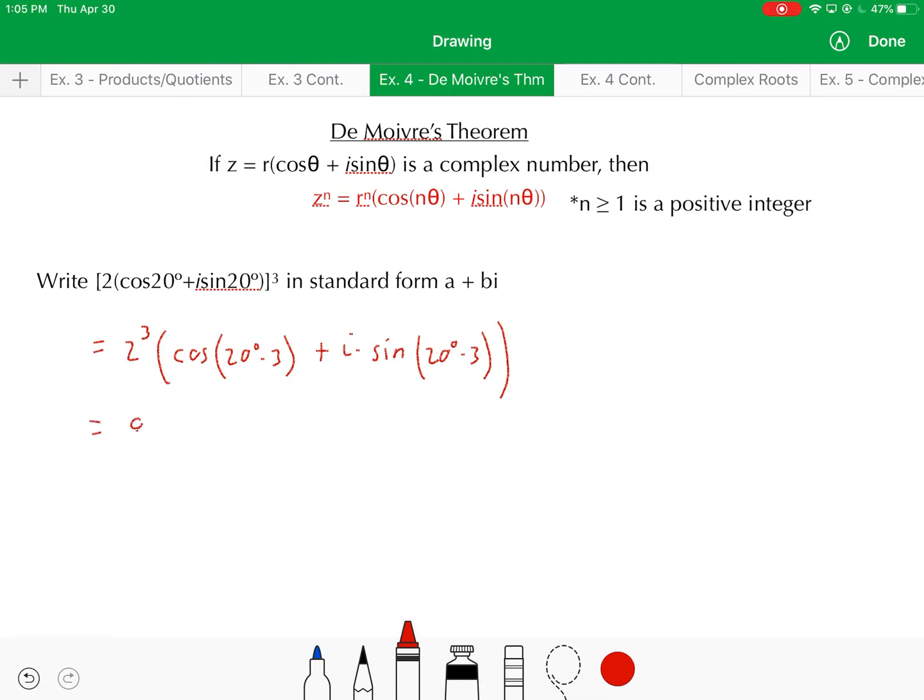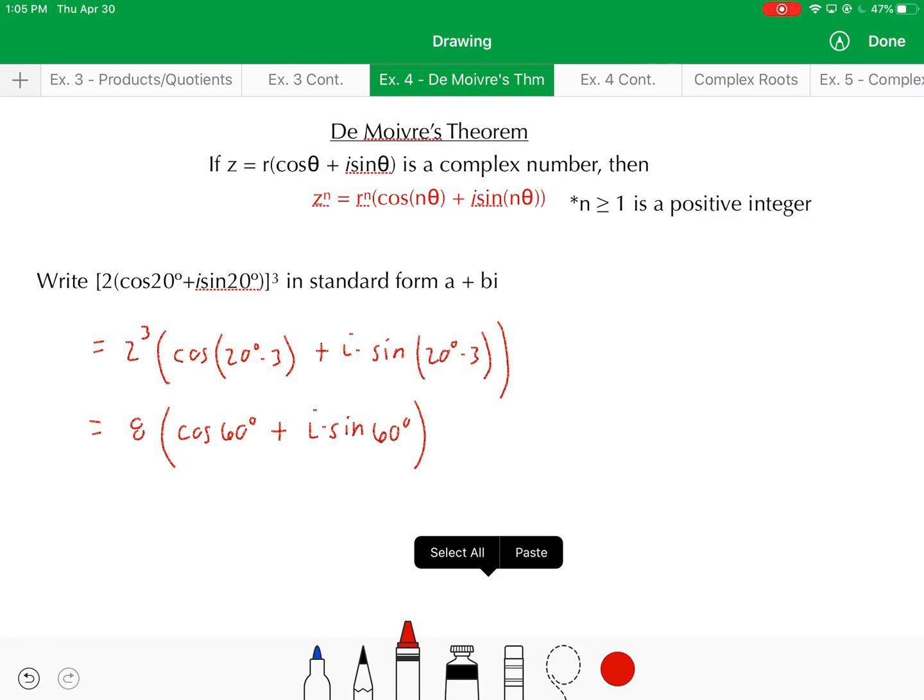That's going to lead me to 8 multiplied by cosine of 60 degrees plus i times the sine of 60 degrees. So that would be your simplified number in its polar form.